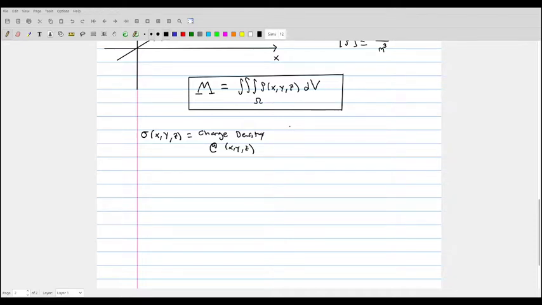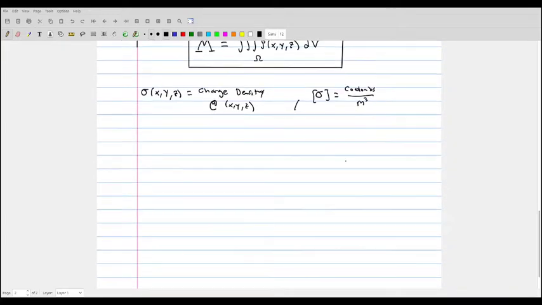And sigma here could, for instance, have units of coulombs per meter cubed. It's like a volumetric charge density. This is a very typical thing to have in applications.